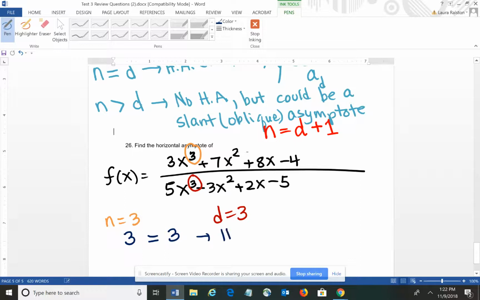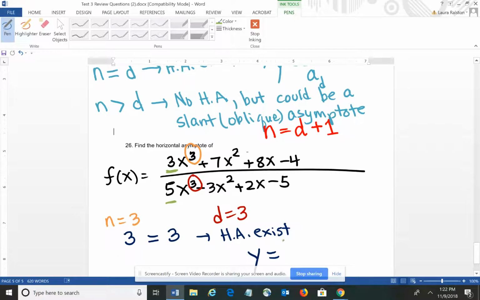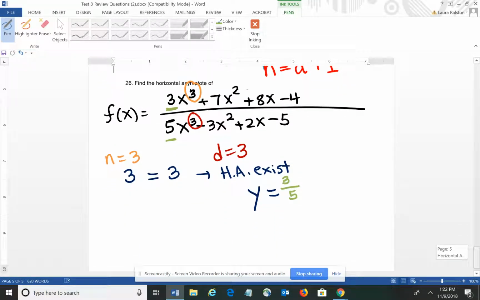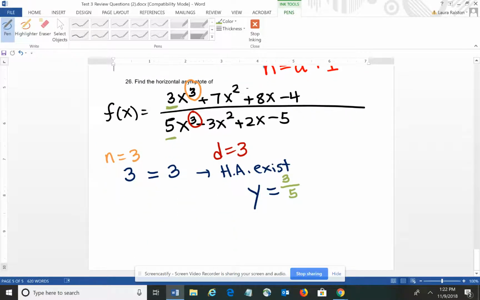So I know that a horizontal asymptote does exist, and it's going to equal the ratio of the leading coefficients. Your leading coefficients here are the numbers in front of those high exponents, which would be 3 and 5. So my horizontal asymptote is y equals 3/5. And that's how you find the horizontal asymptote for a rational expression or a rational function.